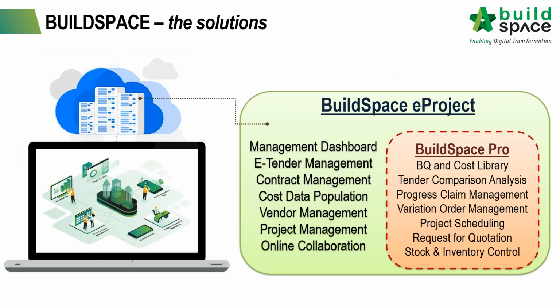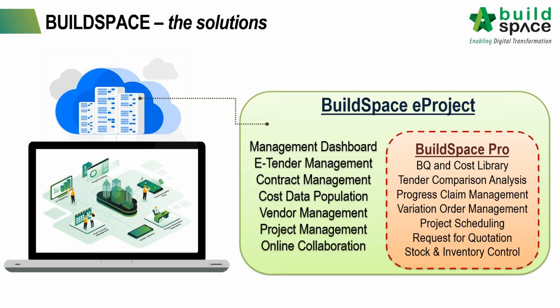Still, we'll take a look at our solutions right here. As we discussed yesterday, most of the items we discussed were in BuildSpace Pro. That means we can import our BQ, prepare BQ, do costing in BuildSpace Pro, and do a little bit of library management and request for quotations.